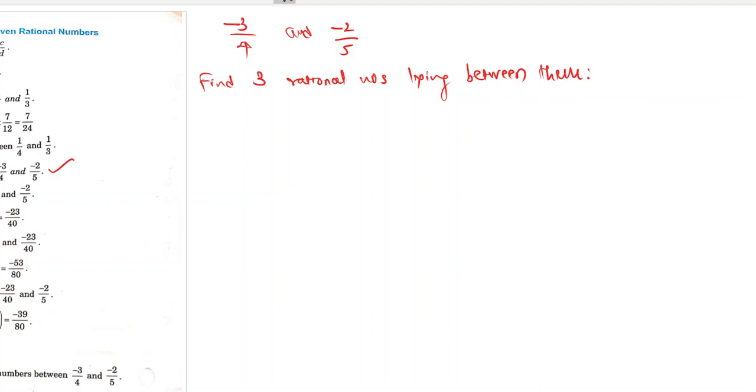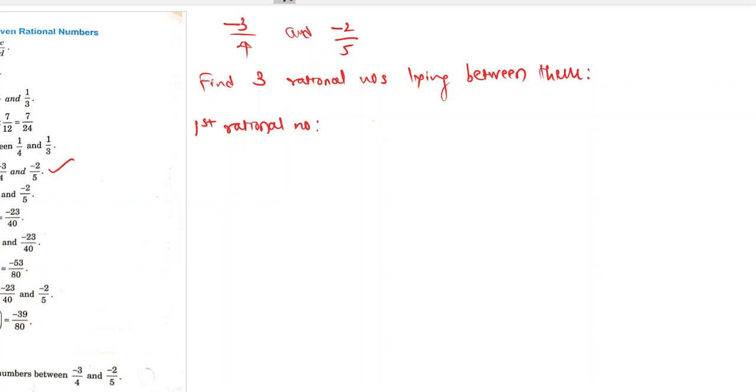Okay, now see. According to the method which is shown in your textbook, I will show you first, and then I will explain one more method which you can also use. So what we have to do, first we have to write like this: first rational number between these two.